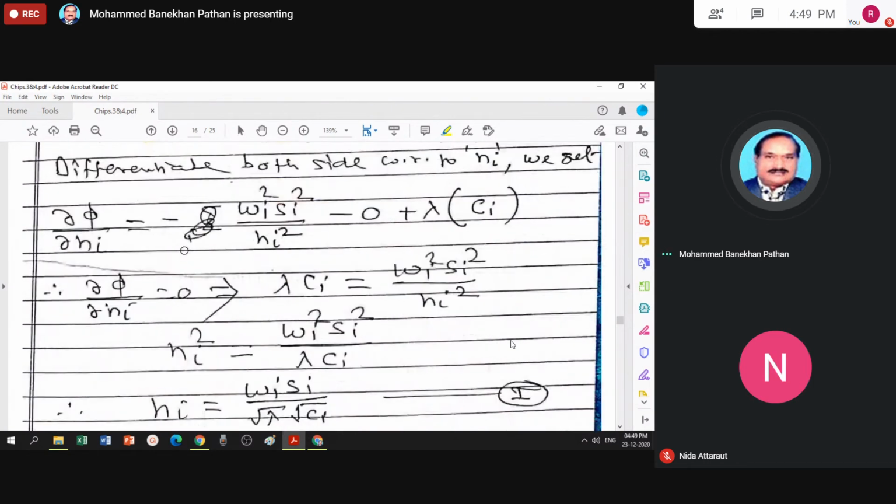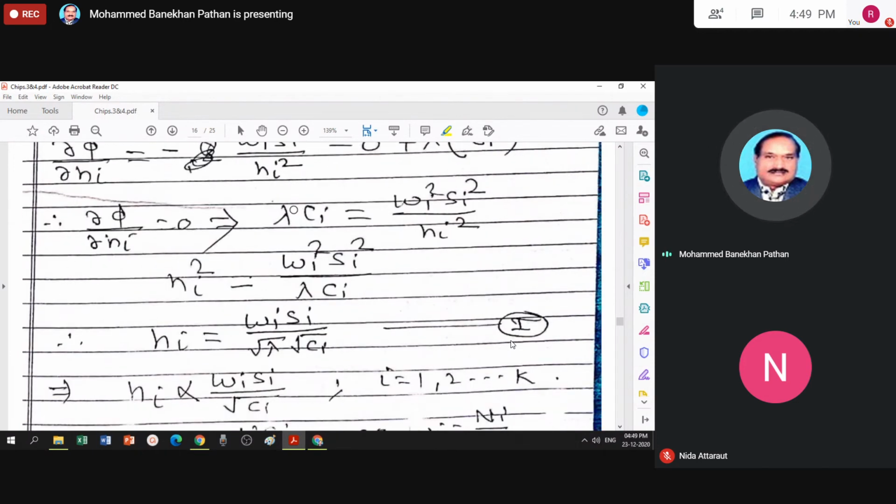Now I want to decide small ni, so I will equate this differentiation to 0. Ultimately this is equal to 0. So this is the positive quantity, this negative goes to the right hand side, so you get lambda ci equal to Wi square Si squared upon Ni square.